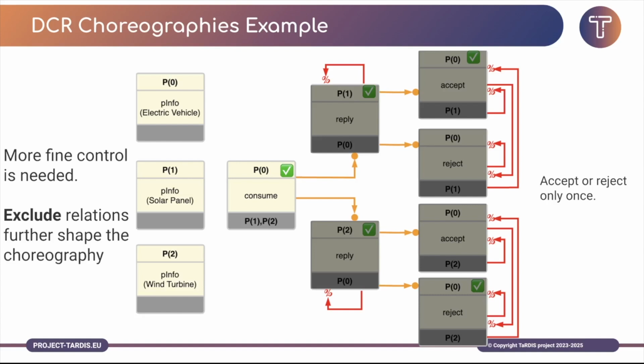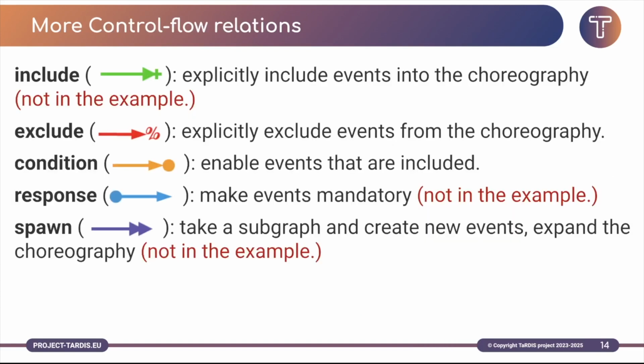These are two basic relations: the condition, which specifies that one event happens after another, and the exclusion relation, which has an effect on the state of each event by including or excluding it from the choreography. Of course, DCR graphs, and in particular DCR choreographies, have other kinds of relations like these ones. The include relation, the dual to exclude, explicitly includes events into the choreography that are there but are somehow excluded or start excluded.